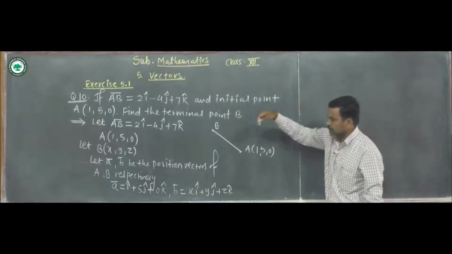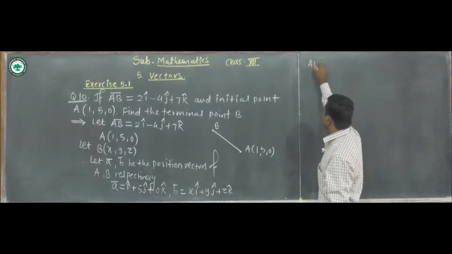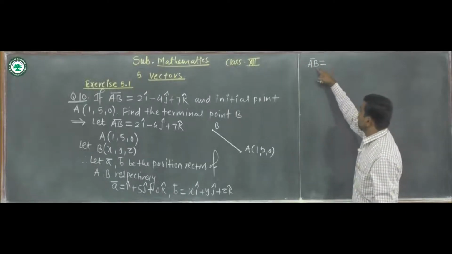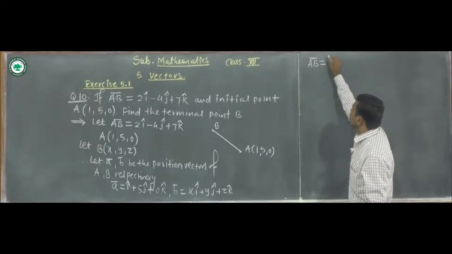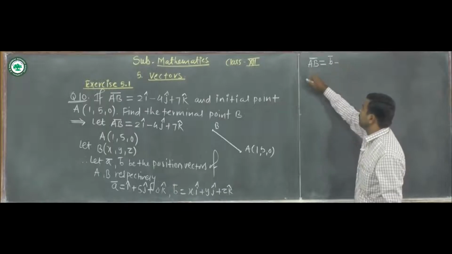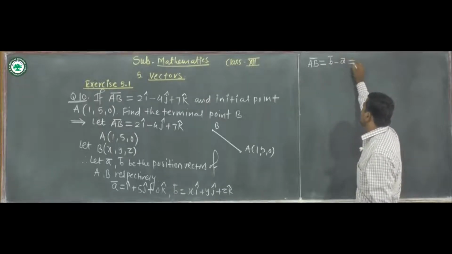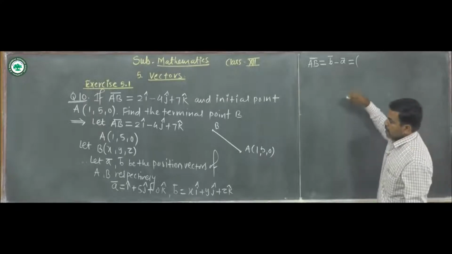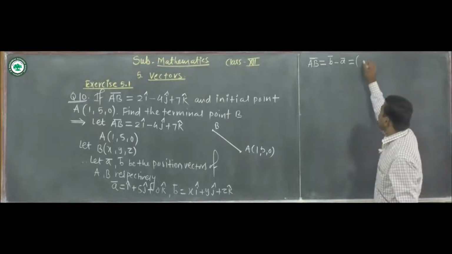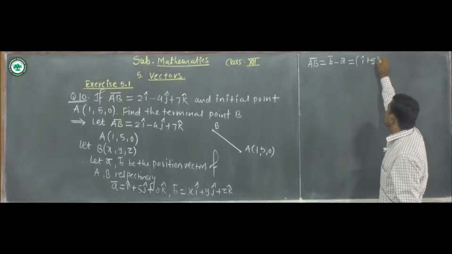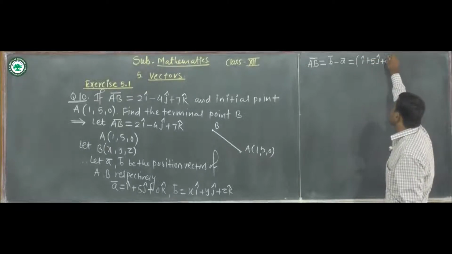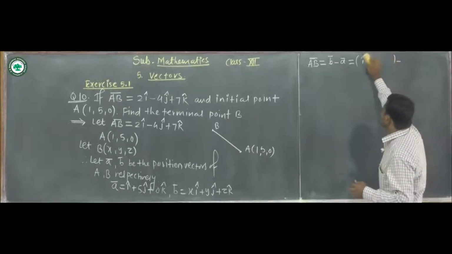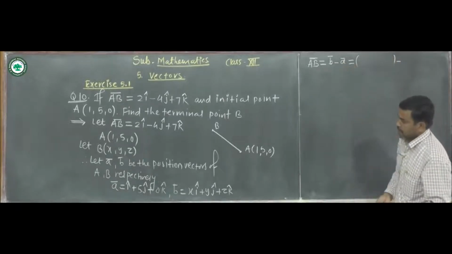Using that, here AB bar is equal to the position vector of the point B, that is B bar, minus the position vector of the point A, that is A bar.